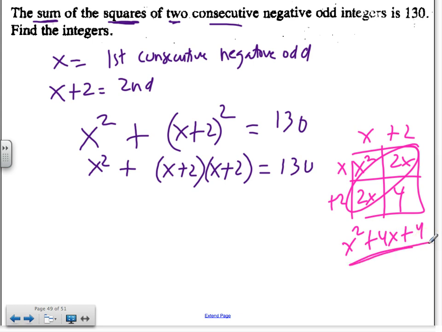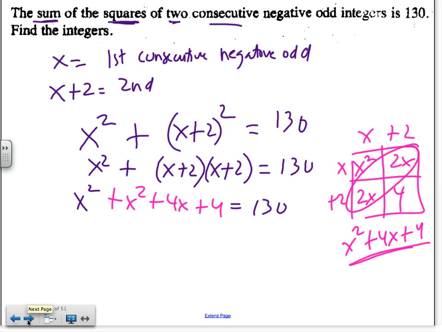So this is the expansion part of the two products here. When I write it, this is what you see. The x squared part is still here, of course, and then I put that in, which is x squared plus 4x plus 4. The whole thing equals 130. Any question at this point? I'm just simplifying as much as I can. But now you realize, hey, wait a minute, can I do something here?